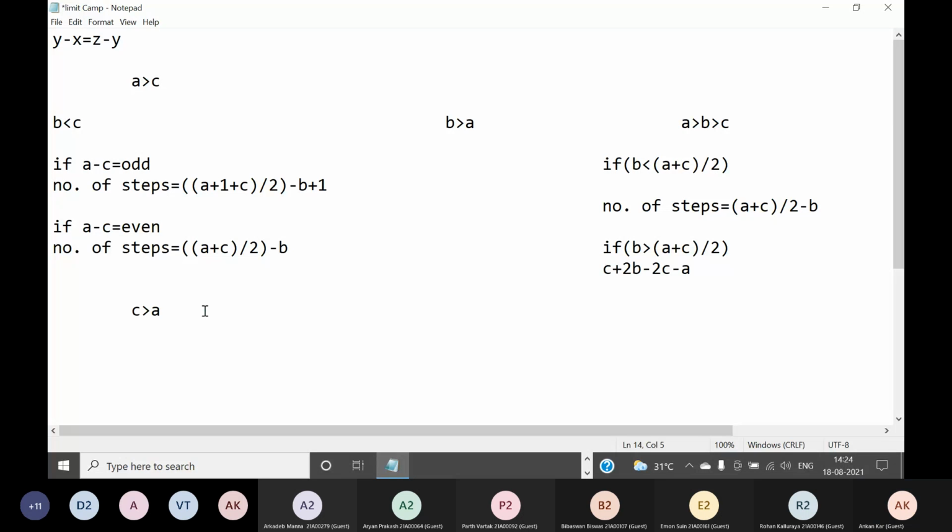That's all. And if A equal to B equal to C, one case is remaining.